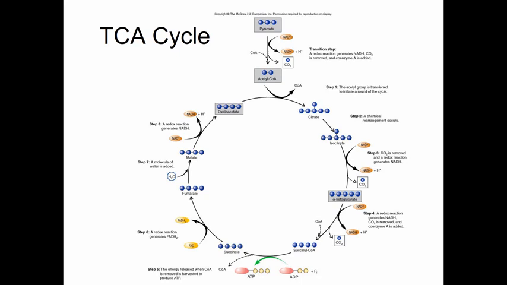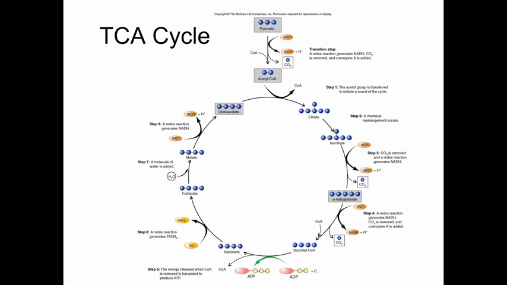The purpose here, if we're here, is to start the breakdown of glucose. Here, our purpose is to make acetyl-CoA. The transition step is to transition the products from glycolysis so they can enter into the TCA cycle.